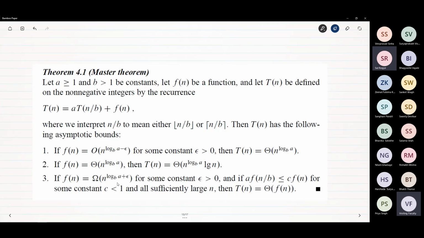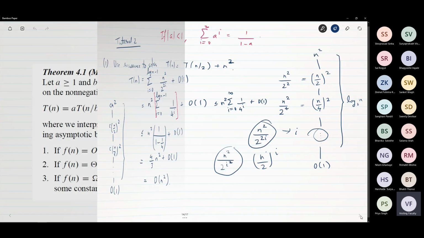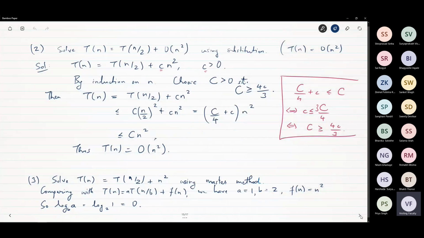Who is this? Sai. Yeah, first one. Is it clear to everyone that the first case will apply? Yes, sir. Minus epsilon. Epsilon turns out to be 1 in this case. Epsilon could be anything. Epsilon could be 0.1 also. That is fine, but something positive. So the first case applies.